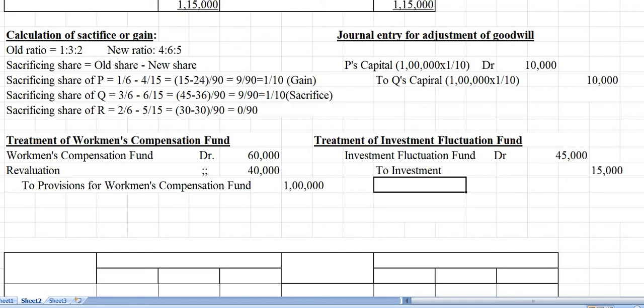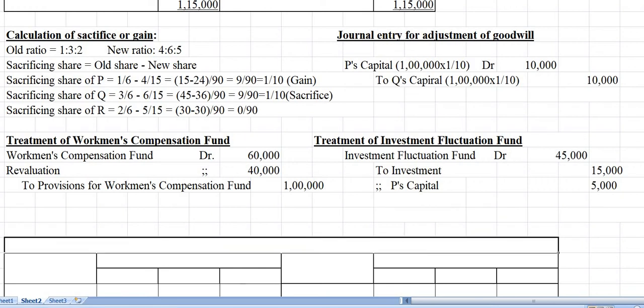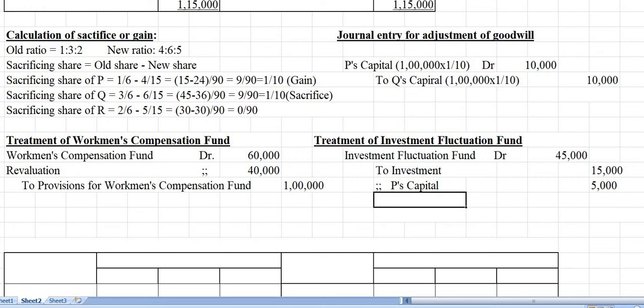Then next, to the partners' capital, how much will be returned? Remaining will be shared among the partners in their old ratio. So 5,000 for P, then for Q, we will write Q's capital. His old share, all in old ratio we can write.